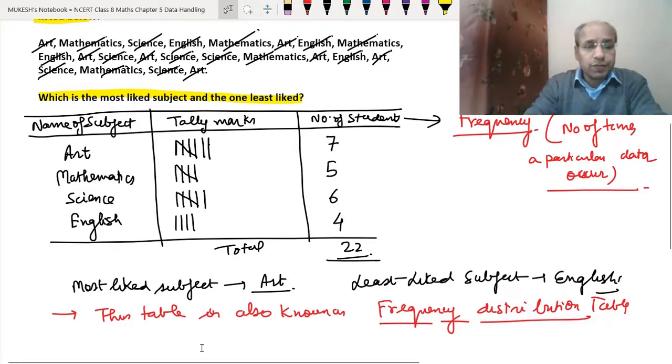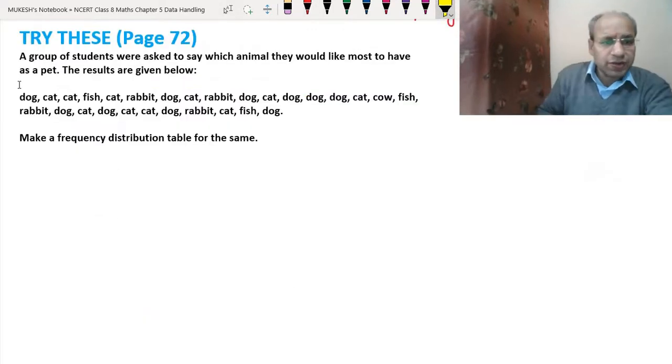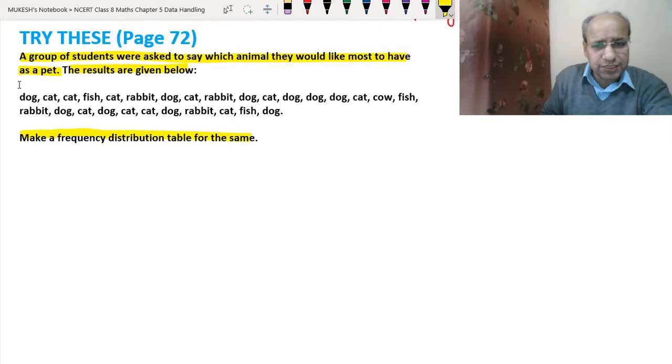So now we will do the Try These given on page number 72. See, what is the question? A group of students were asked which animal they would like most to have as a pet. The results are given below, like dog, cat, fish, rabbit, and we have to make the frequency distribution table for the same.